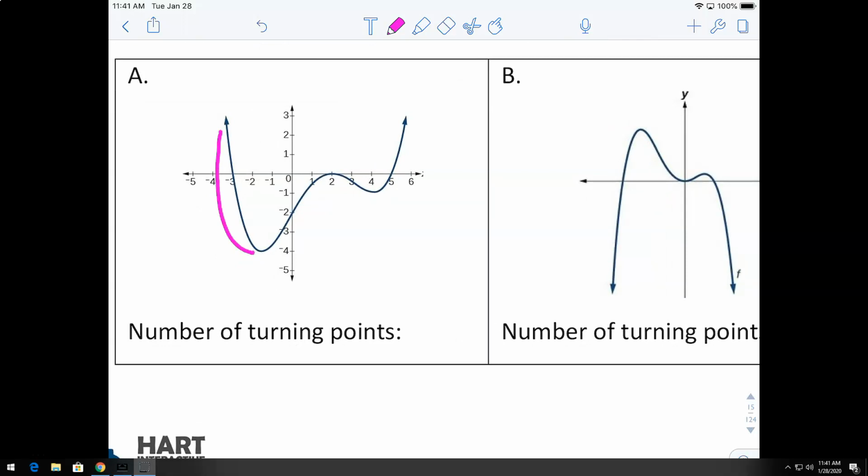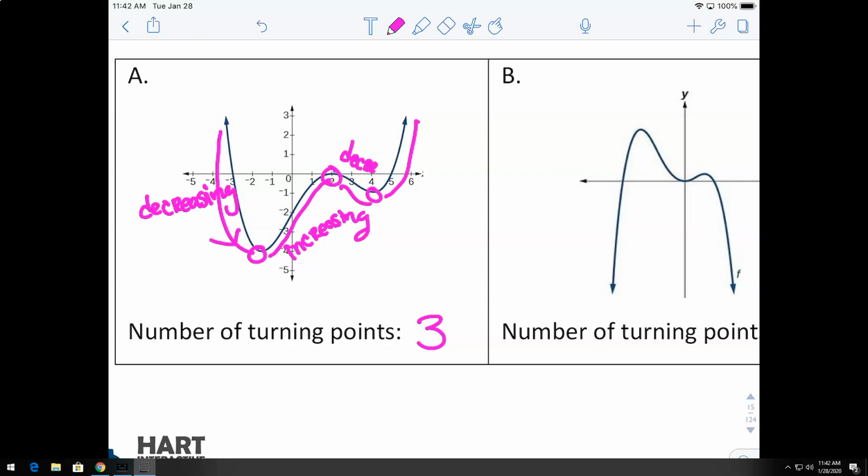So we need to go through here and we need to point out our critical points, our turning points. As I follow, it turns right here. As I follow, it turns right here. As I follow, it turns right here. As I follow, it doesn't turn again. There are 3 of them. It's still important that you know that as I'm going this way, I'm decreasing. As I'm going this way, I'm increasing. As I'm going this way, I'm decreasing. Right here, I'm increasing.